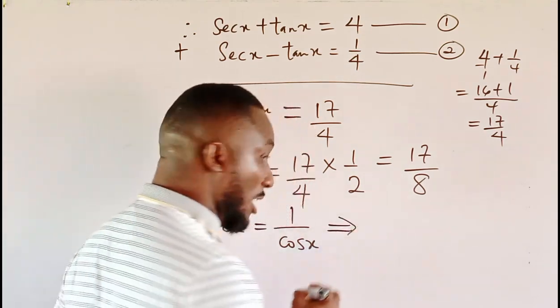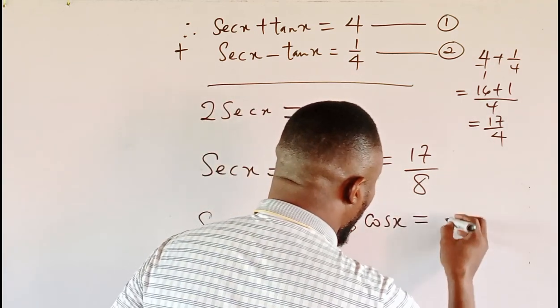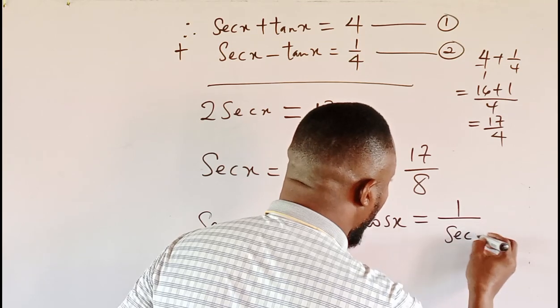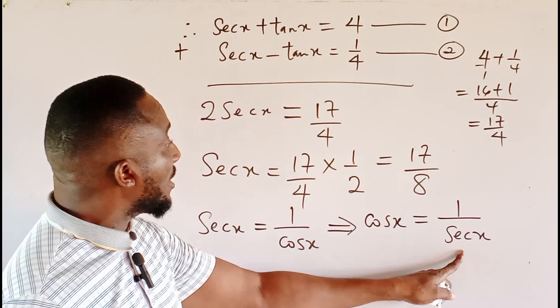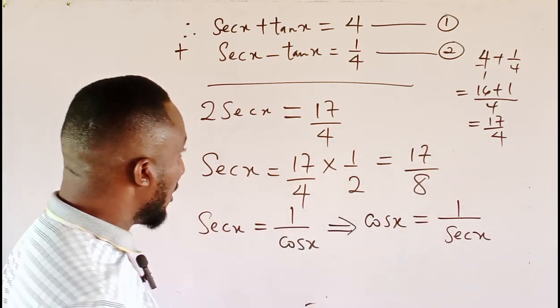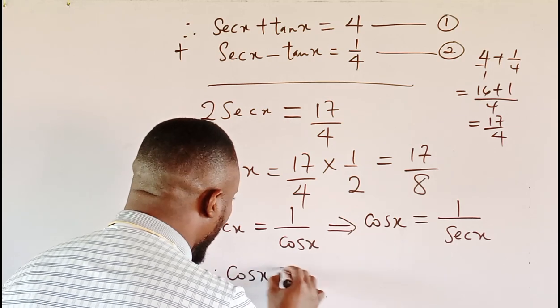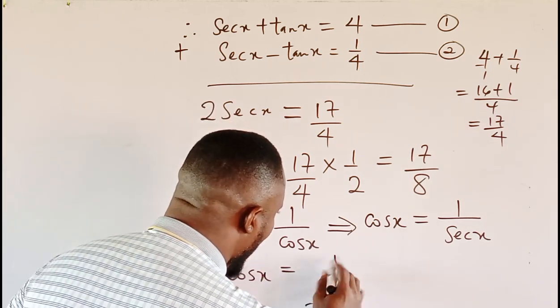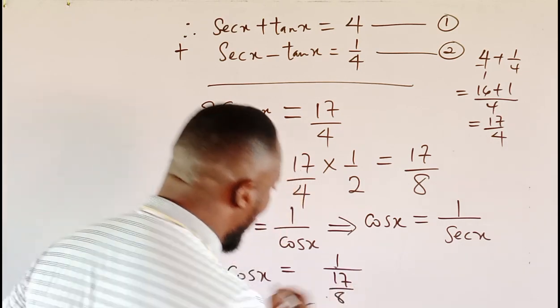So it also implies that cosine x will be the inverse of secant x. Now we already have secant x, which is 17 upon 8. So therefore, cosine x is going to be the inverse of 17 over 8.